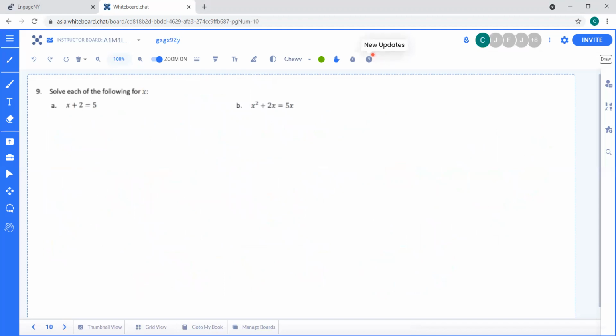Now let's do this again. Solve each for x. So minus 2 minus 2, x equals 3. What about here? Subtract 2x, subtract 2x. X squared is equal to 3x. Now, how am I going to do that? Well, I'm going to set it equal to 0. So let's subtract 3x, subtract 3x.